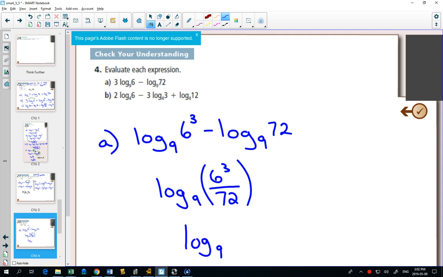Would you agree that 6 cubed is 6 times 6 times 6? And 72 is 2 times 36, which happens to be 2 times 6 times 6. Why is this helpful? Well, without having to do any big multiplications, I could cancel out or simplify all those 6's.